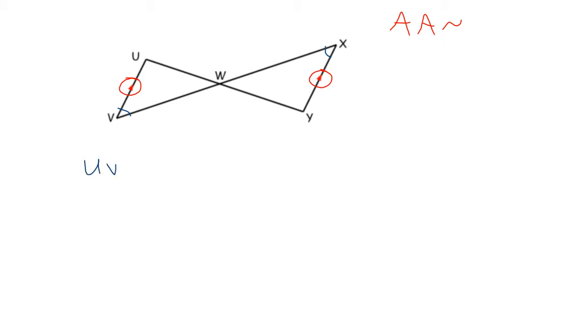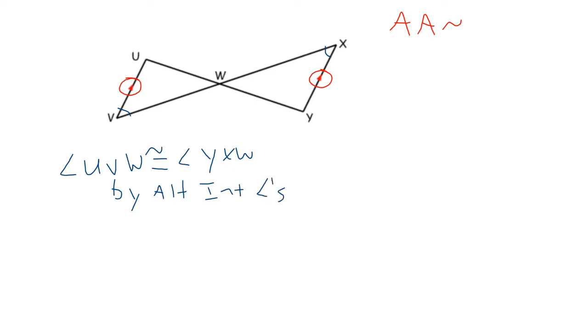Well, I've learned back in part A, when we talked about parallel lines, that we've got two sets of congruent angles. So those two angles must be congruent. Now, why must they be congruent? So we got angle UVW is congruent to angle YXW, and that's by alternate interior angles. And you can say that, that's fine, I'll accept that. So now what's the other set of angles that are congruent?